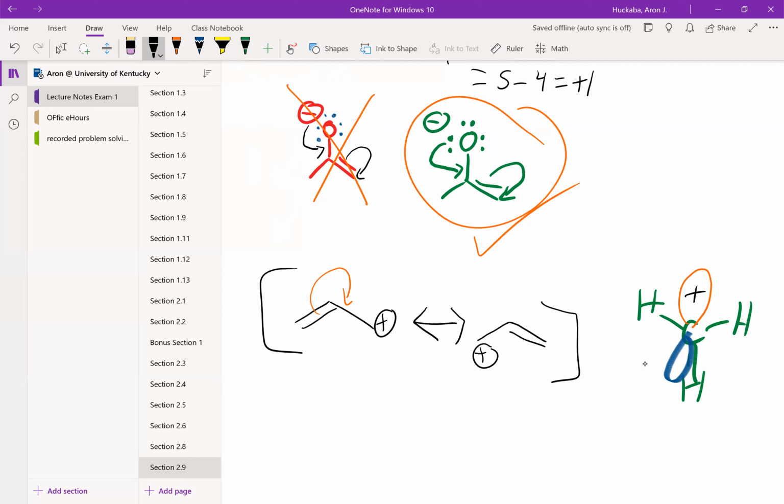So if you have a positively charged p orbital, and you also have p orbitals from this pi bond, then that means the carbon with the positively charged section can also participate in this pi bonded network called conjugation, and we can use resonance to move those electrons from one part to the other of this molecule. Okay, one more, just for good measure.